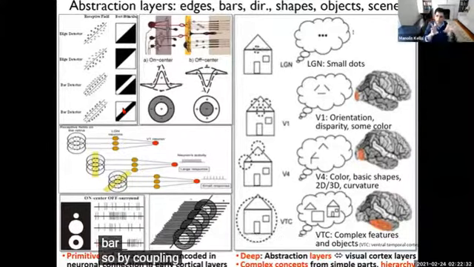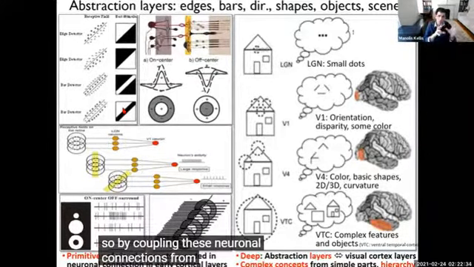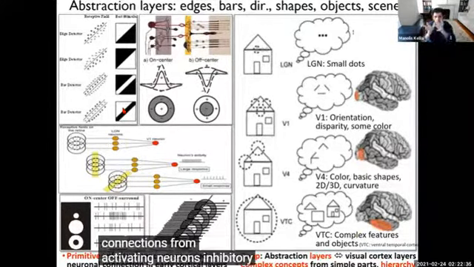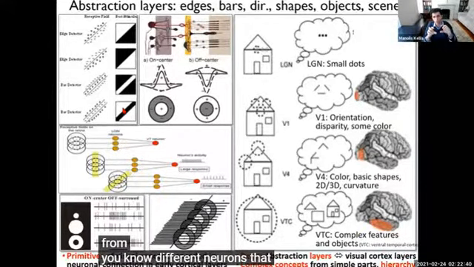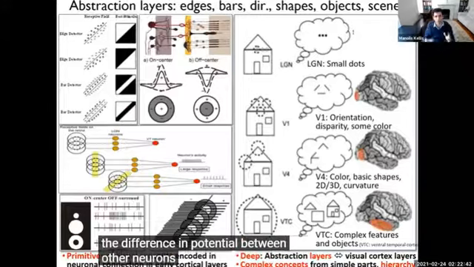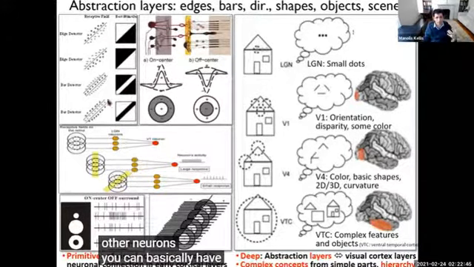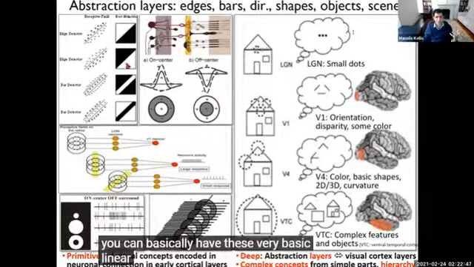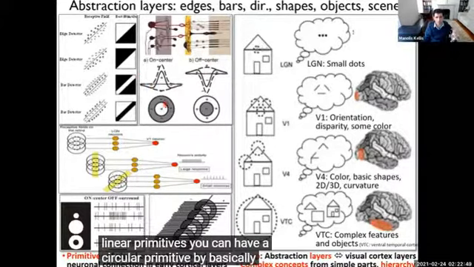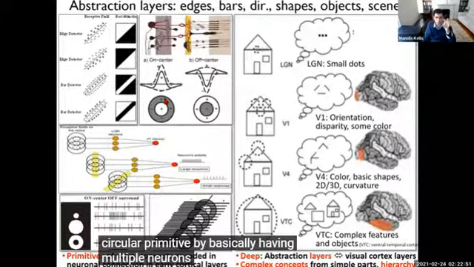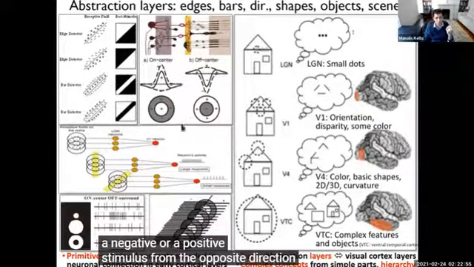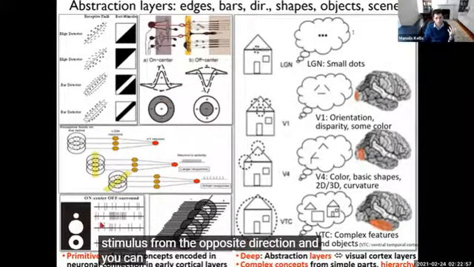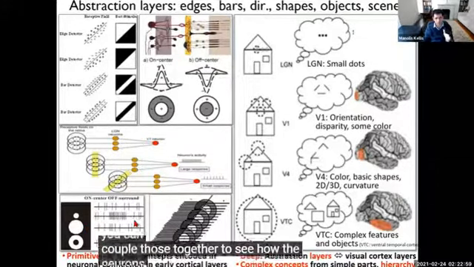So by coupling these neuronal connections from activating neurons, inhibitory neurons, from difference neurons that sense the difference in potential between other neurons, you can have these very basic linear primitives. You can have a circular primitive by having multiple neurons surrounded by a negative or a positive stimulus from the opposite direction, and you can couple those together to see how the neurons will fire.